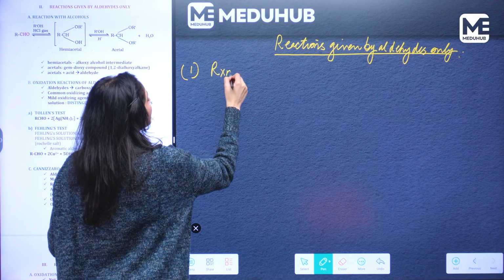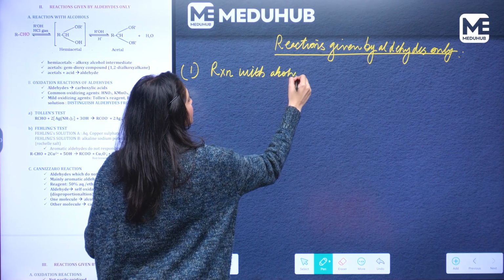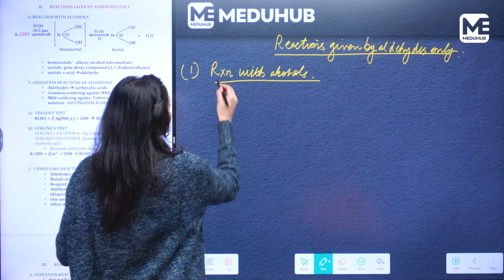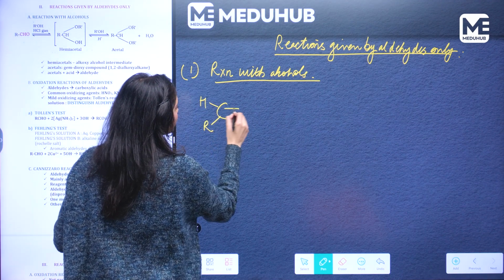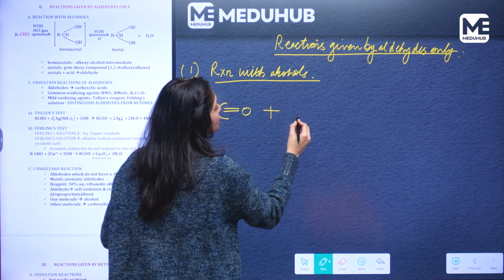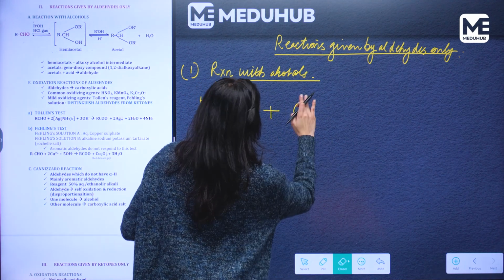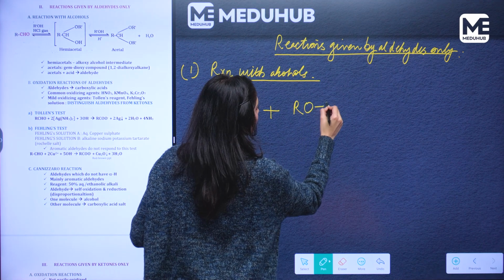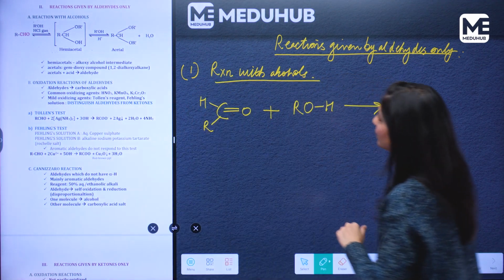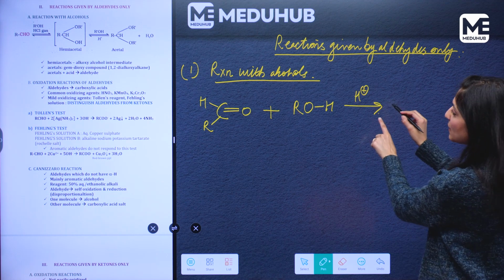One is reaction with alcohols. So we have an aldehyde. This adds on a molecule of alcohol in the presence of acid to first give a hemiacetal.